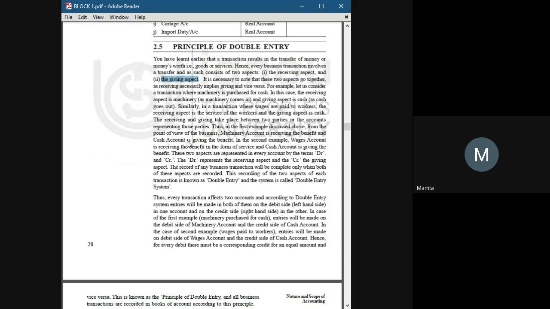Now I'm taking an example: you have purchased goods. You will debit goods account, and you will credit cash account, because you received goods and you have given cash against it. So you reduce or credit cash account. Is this point clear? Debit is receiving and credit is giving.